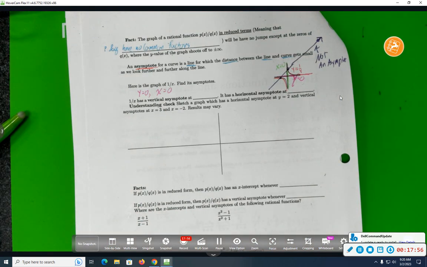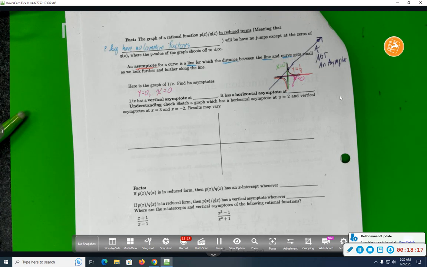And for rational functions, we'll mostly be interested, not exclusively, but mostly, in 2 types of asymptotes: vertical asymptotes and horizontal asymptotes. And the names mean what they look like they should mean. A vertical asymptote is an asymptote that's a vertical line. A horizontal asymptote is an asymptote that's a horizontal line.